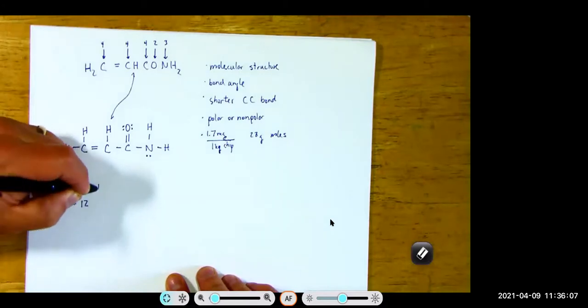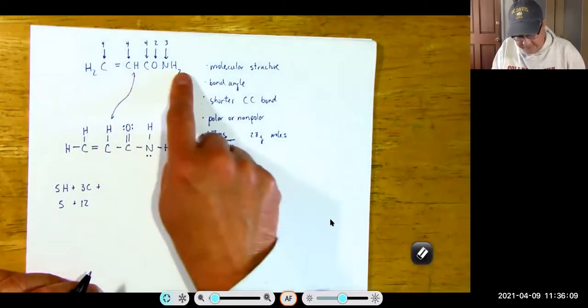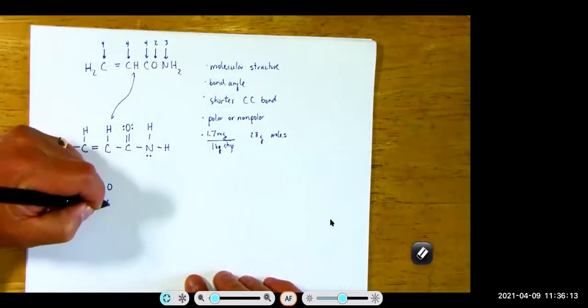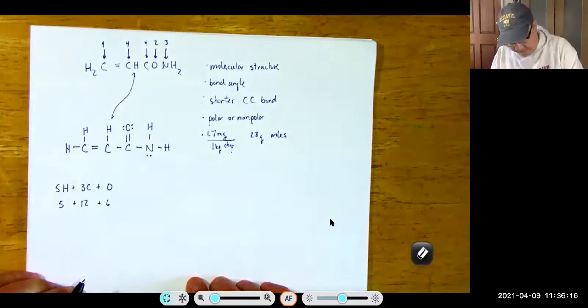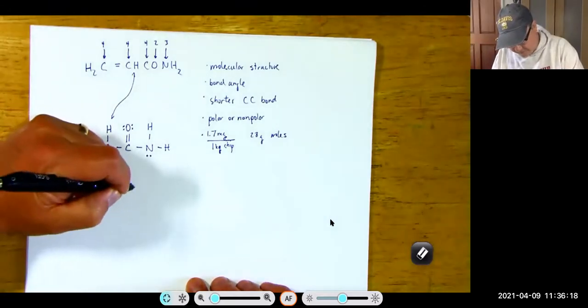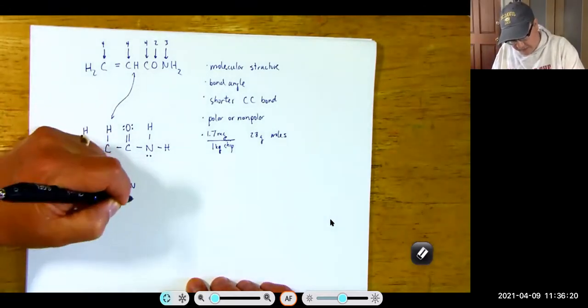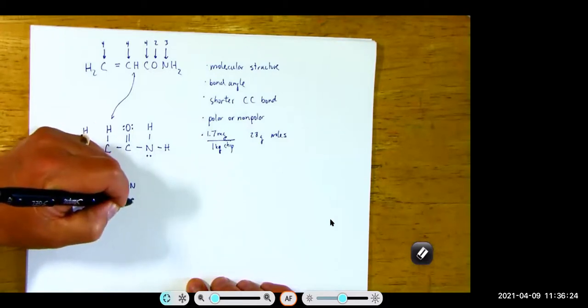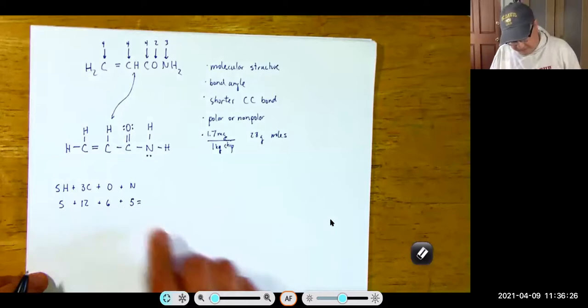Okay. How many oxygens up here? There's just 1 oxygen. And how many nitrogens? Just 1. So how many valence electrons for it? 5. Okay, so let's add these all up together. What do we get?